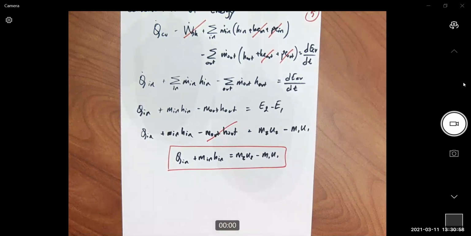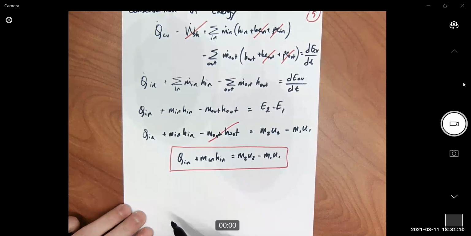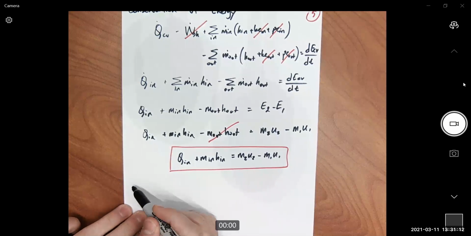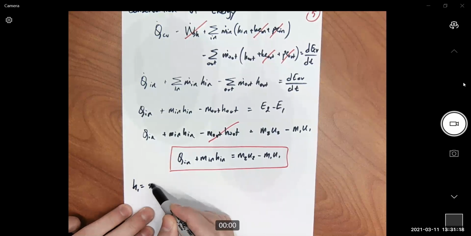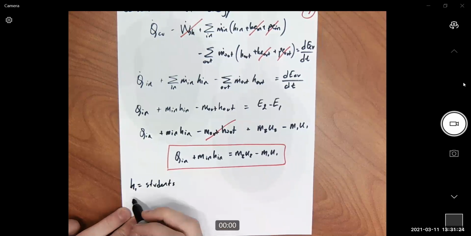I can find any property I need, enthalpy, internal energy, whatever I need. So in this case, if you go and read, you will find your H1. I will leave this to you. Find this by yourself. Okay?